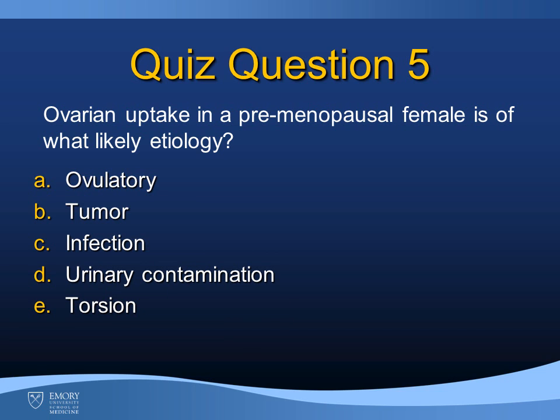And for our last quiz question, ovarian uptake in a premenopausal female is of what likely etiology? Ovulatory, tumor, infection, urinary contamination, or torsion? And the answer is ovulatory.